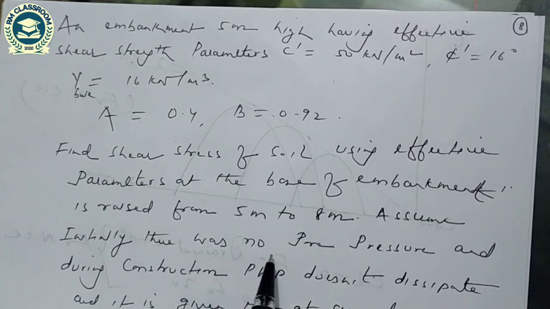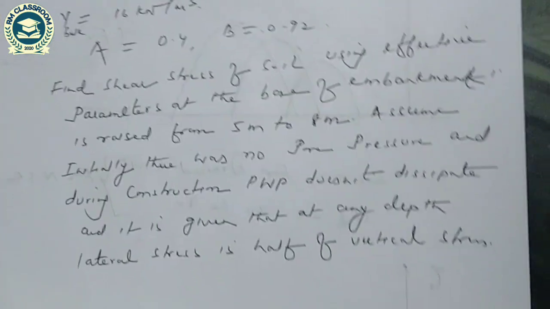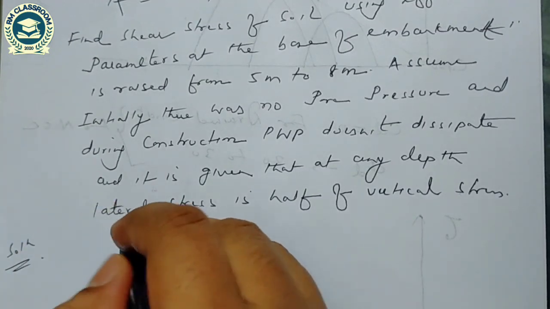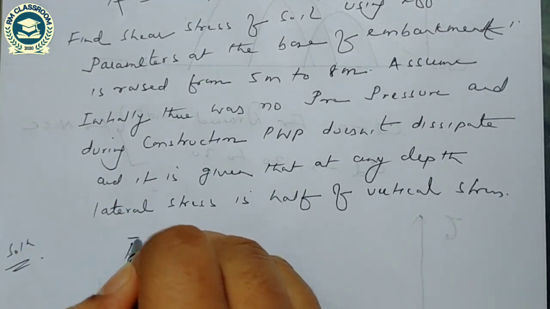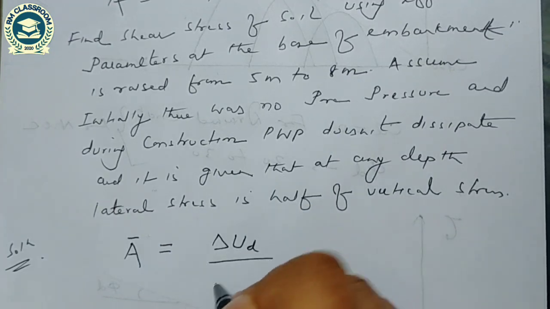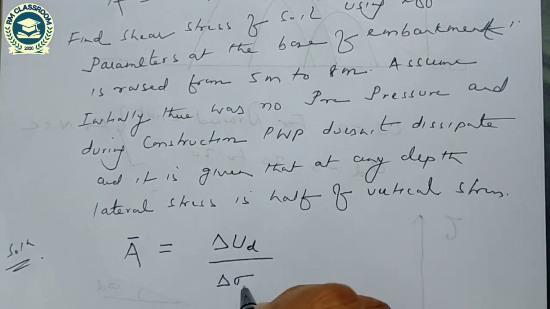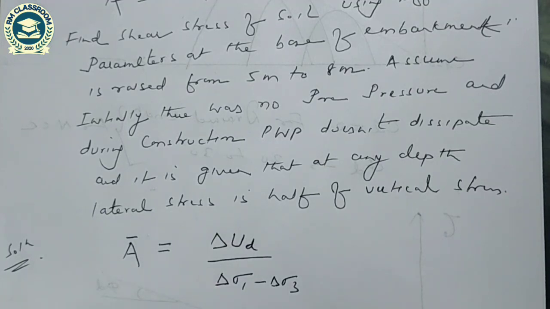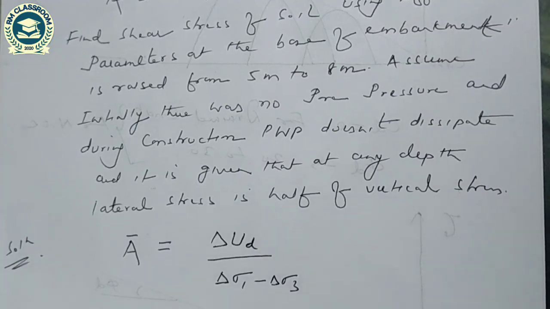Assume initially there was no pore pressure, and during construction pore water pressure does not dissipate, and it is given that at any depth lateral stress is half of the vertical stress. So we know that Skempton has given A bar is equal to change in pore water pressure due to deviator stress by change in deviator stress, and similarly B is equal to change in pore water pressure due to cell pressure by change in cell pressure.